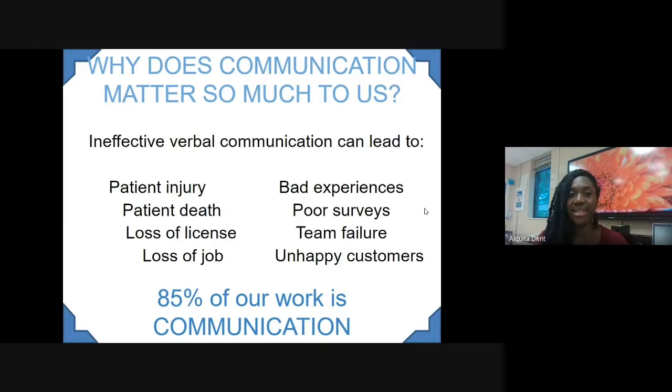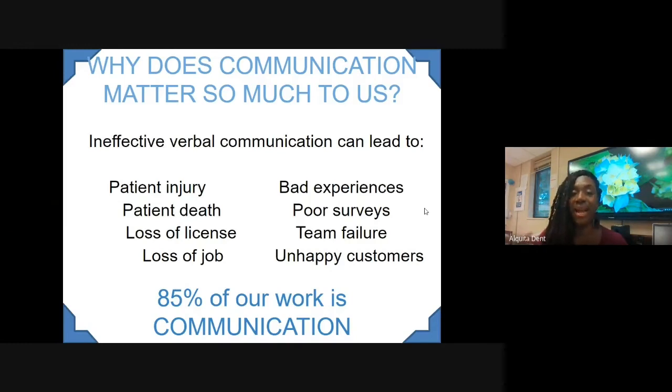Poor surveys, like surveys is what patients complete after they are at your facility for care. The patient actually goes back and says, I rate them a 0 or a 1 or a 10, depending on how the survey is set up. And if you get enough bad scores, then somebody's job could be gone or somebody could be laid off. That's what we call it, given the unpaid vacation.